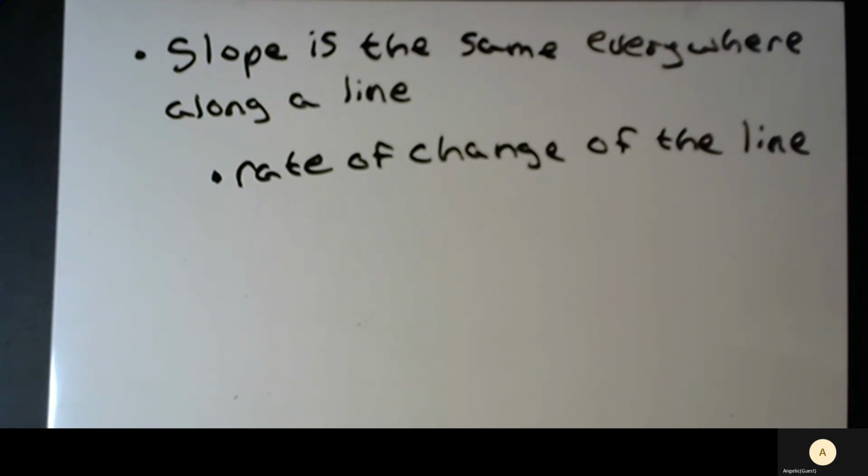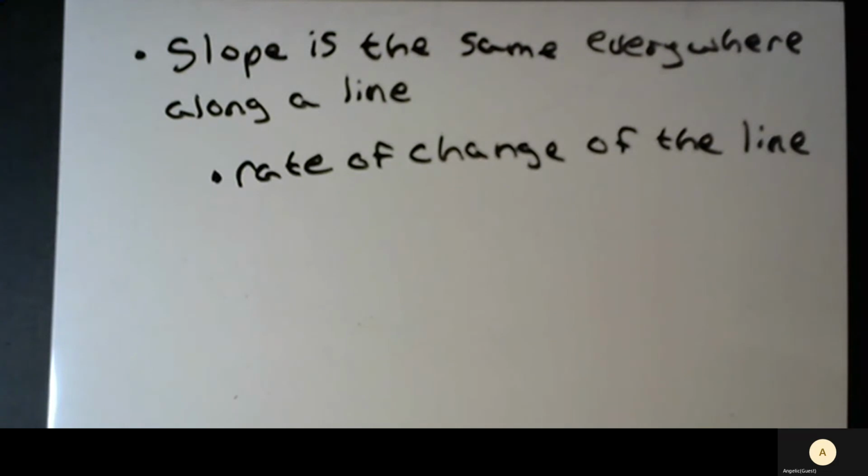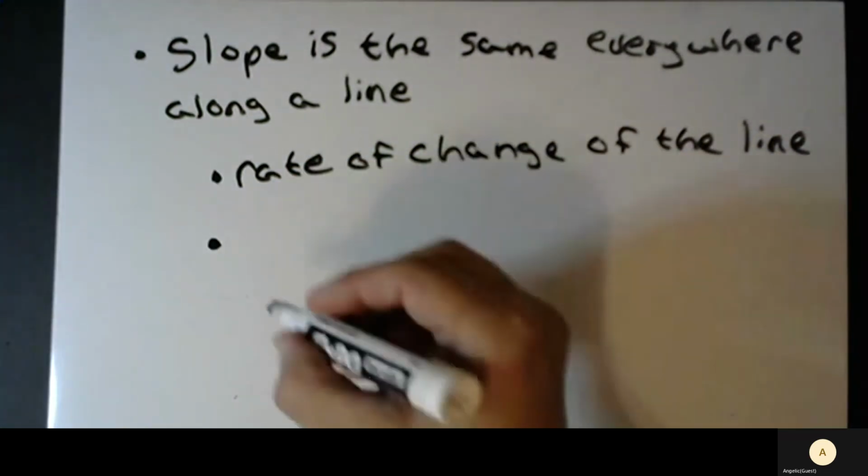So it's telling you really how quickly a line is rising or how quickly it's falling, again, as you go from left to right. And if you have a line you can compute the slope using 2 points.